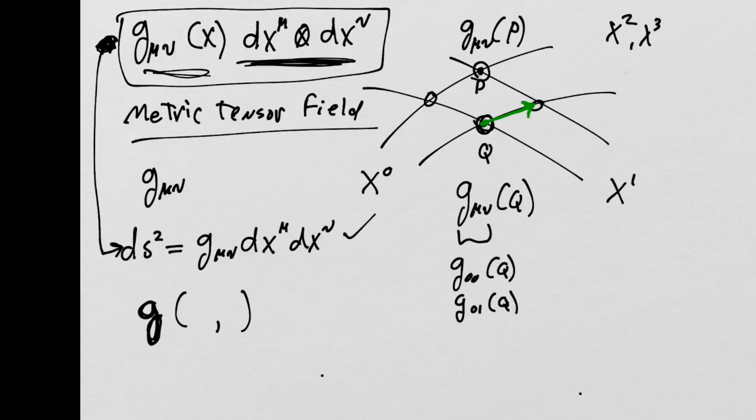Now, we know that this little vector d lives in the tangent space at q. It doesn't really connect these two points in space-time, because space-time is not the vector space that d lives in.